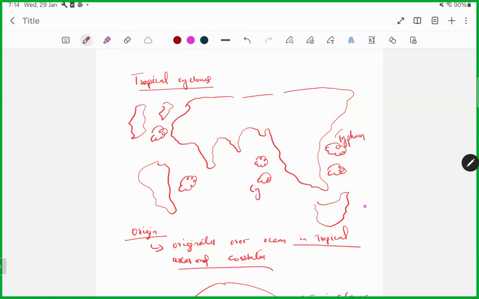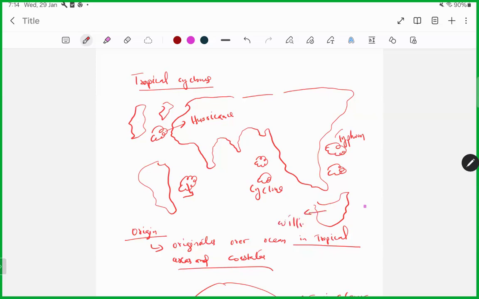Cyclone. Yes, very good. And in North America, hurricane. And in South America, tornado. I don't know, even I forgot the name of the cyclone in South America, but I'm sure it's not tornado. All right, then Australia. Willy-willy.